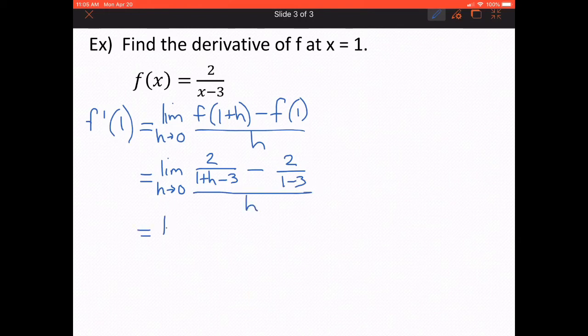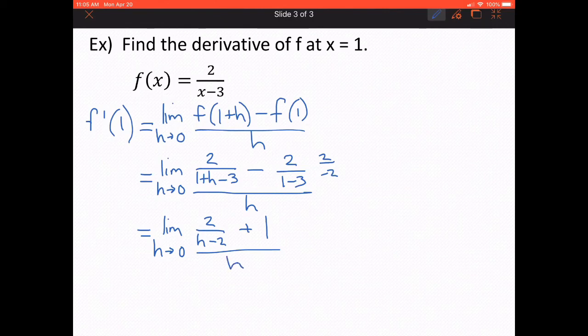All right, so the limit as h approaches 0, and I now have 2 over h minus 2 minus 2 over, let's see, what does that become? 2 over negative 2, so negative 1, so 2 plus 1 all over h.